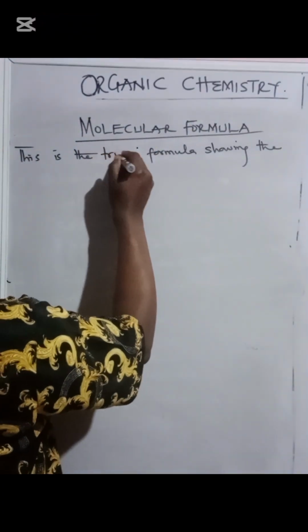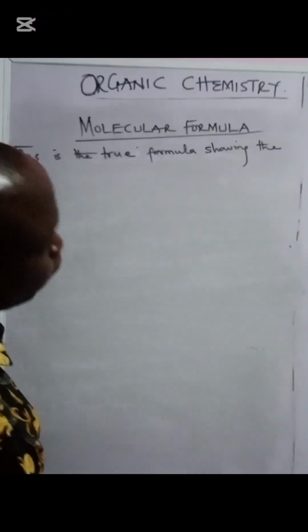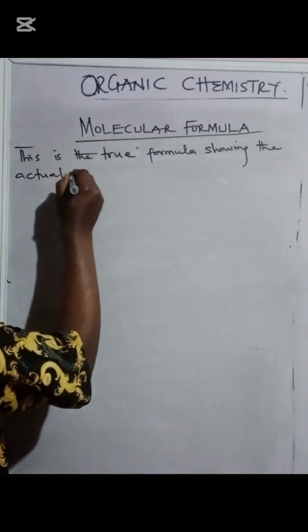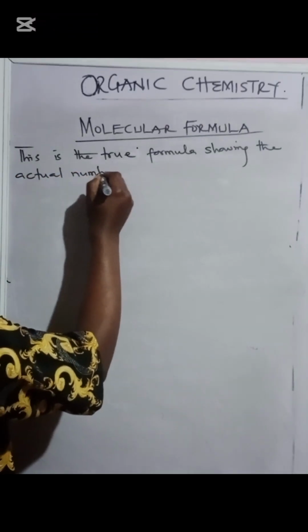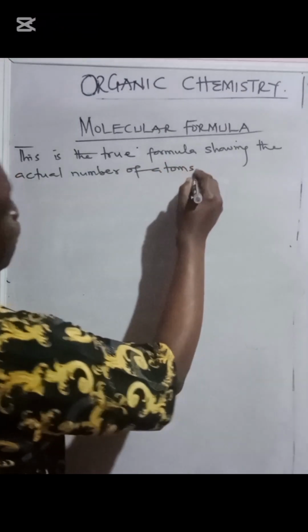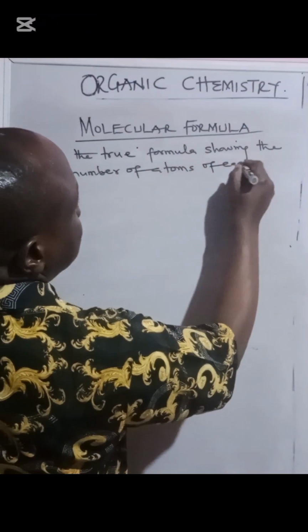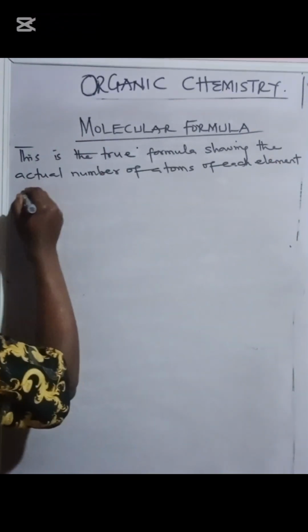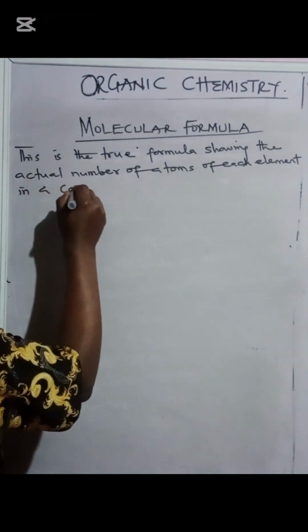This is the true formula showing the actual number of atoms of each element in a compound.